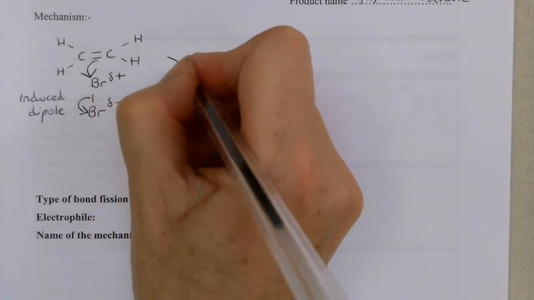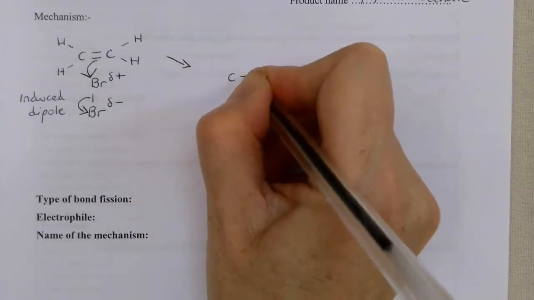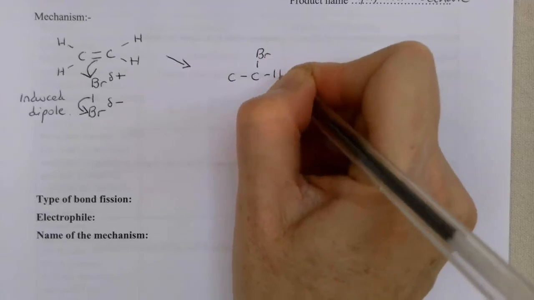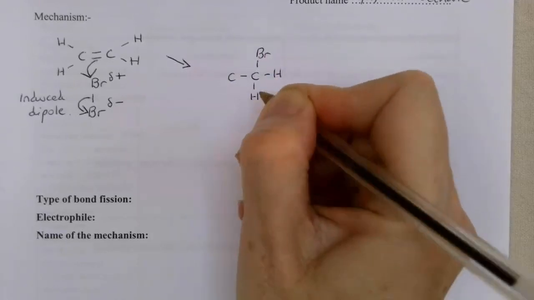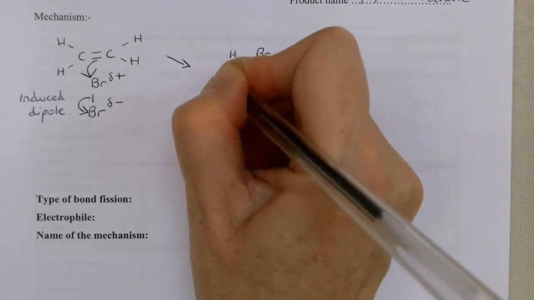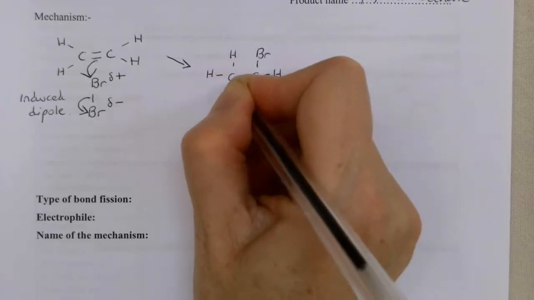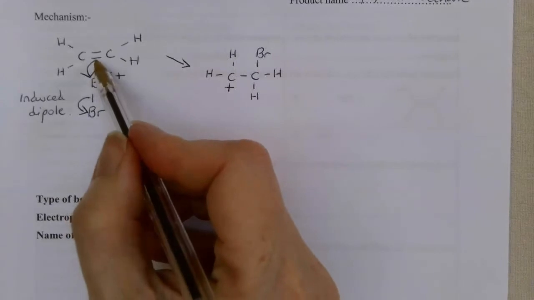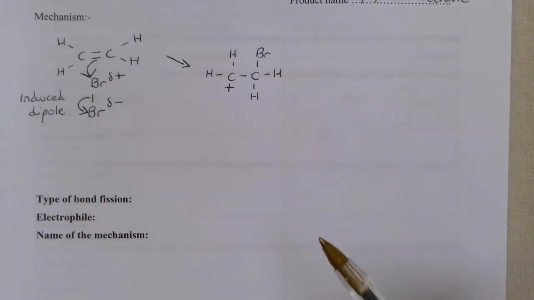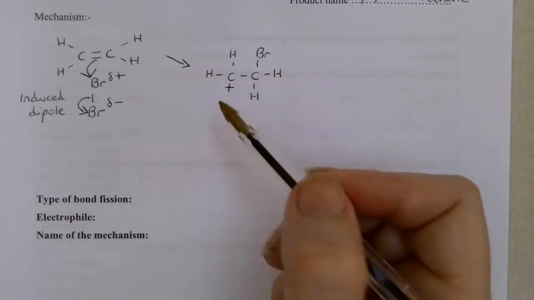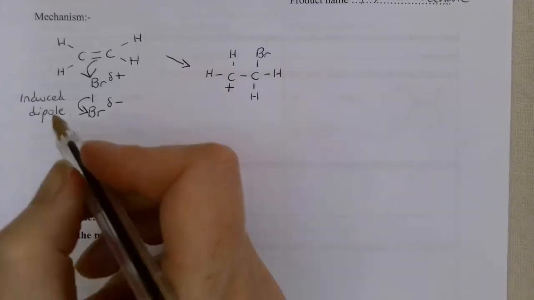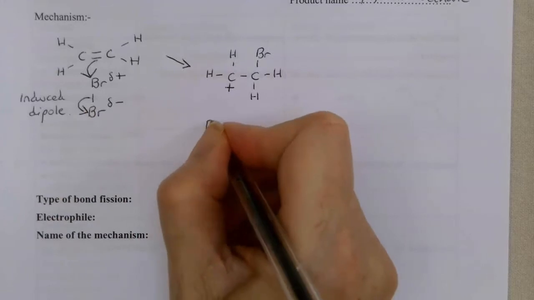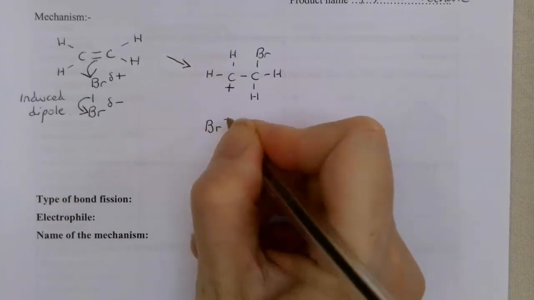And we get the same kind of carbocation intermediate. In this case, instead of a hydrogen adding on to the carbon, I have the bromine adding on. I've still got the positive carbon there because both of the electrons in the bond have gone onto the bromine, leaving the carbon with a positive charge. But as both of the electrons have gone onto this bottom bromine, I've now made a bromide ion.